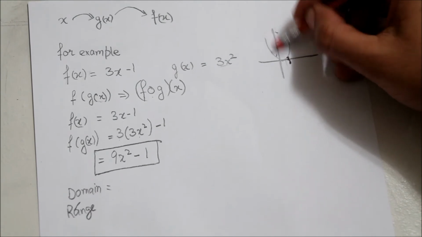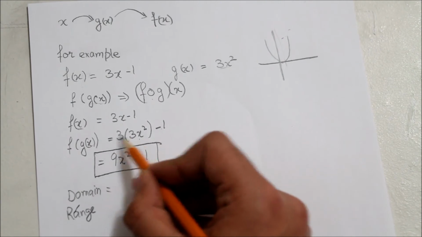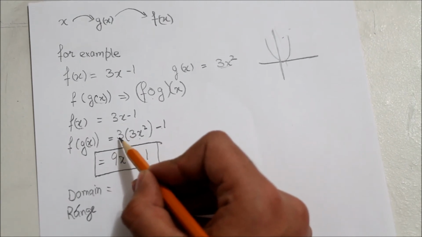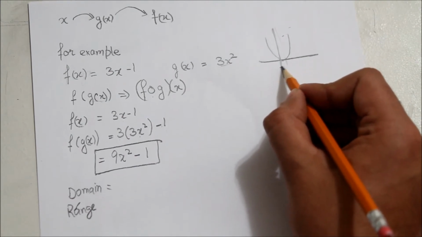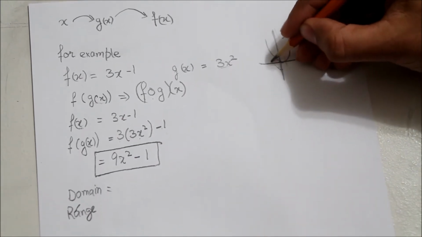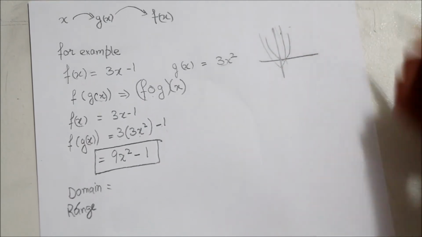Now what this function is doing is stretching it by a factor of 3 and moving it down by 1. So it's going to be at -1 and it's going to be stretched, so it'll be like this.